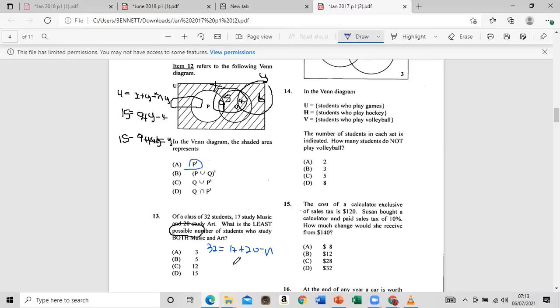So this will give us 37, and then when we carry over this becomes minus, so the answer is negative 5. But when we take the negative of 4 divided by negative 1, the negatives cancel, so this is 5.